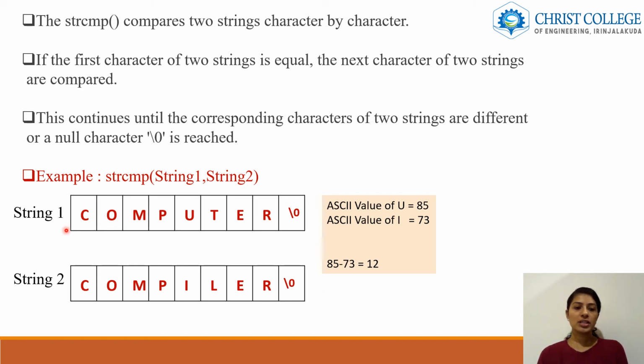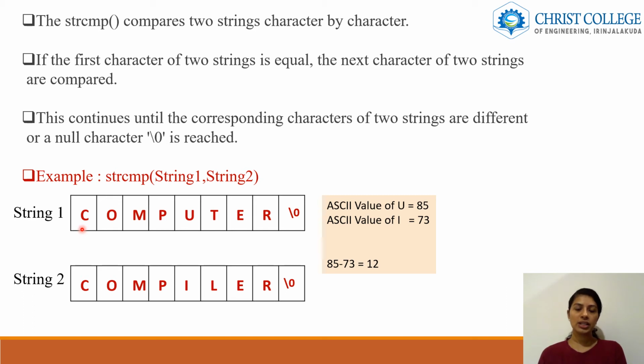Here we have two strings, string 1 and string 2. String 1 is computer and string 2 is compiler. If we are calling the strcmp function with string 1 and string 2, how will the comparison be done? The strcmp function will start its comparison from the 0th position.